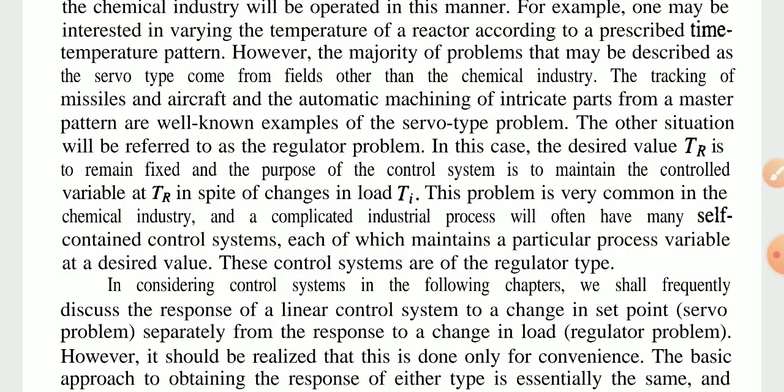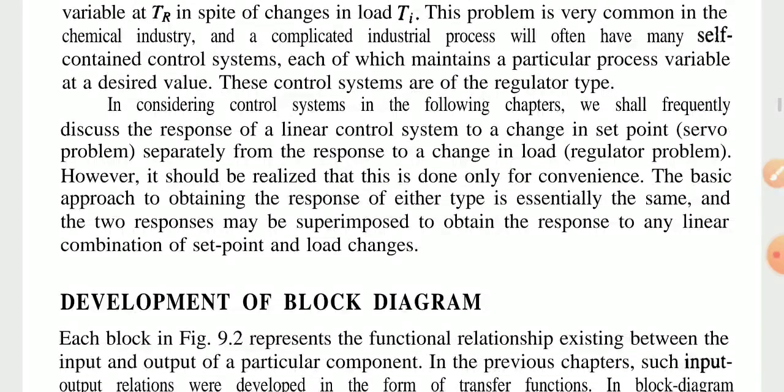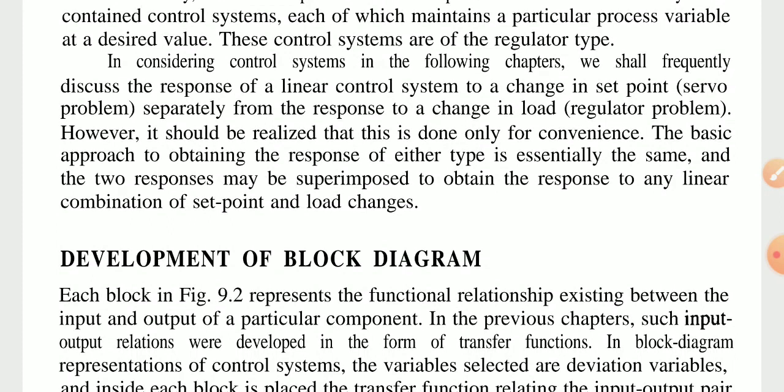These control systems are of the regulator type. Considering the control system in the following chapter, we shall frequently discuss the response of a linear control system to a change in set point.